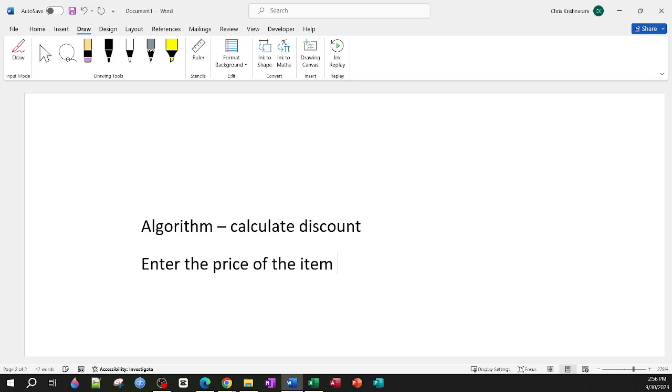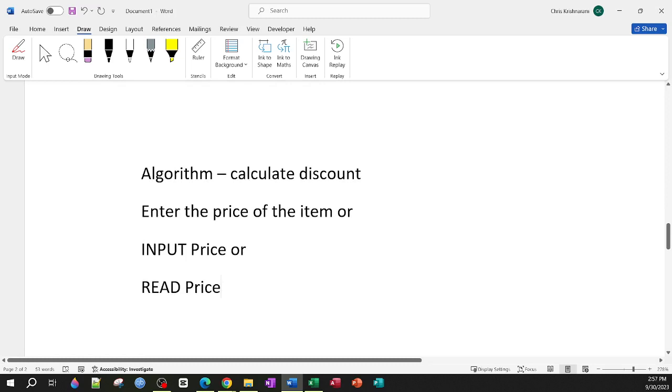We could say that, or we could simply say input price. That's simple. So instead of writing in a descriptive manner, enter the price, type in the price, whatever the case may be, using that keyword input is an indication to the system that you are putting something into the program, that you're about to type something. Or it could be read price, either one.